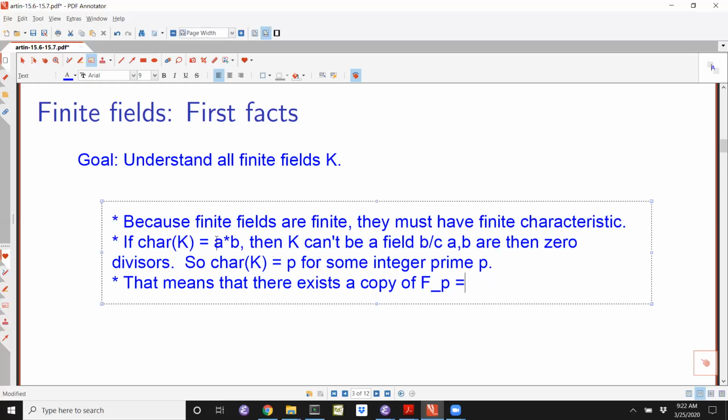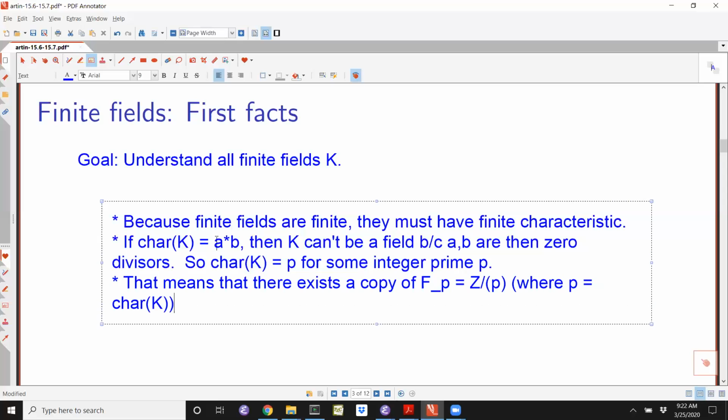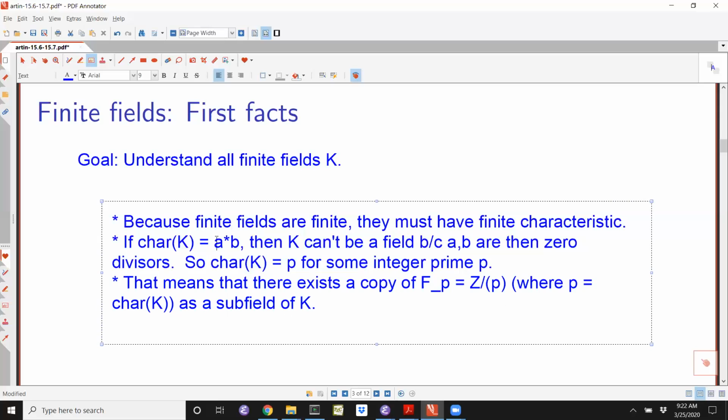So it's equal to Z mod P as a subfield of K, where P is equal to the characteristic of K. So every finite field has inside it a copy of Z mod P, which is therefore the field F_P.